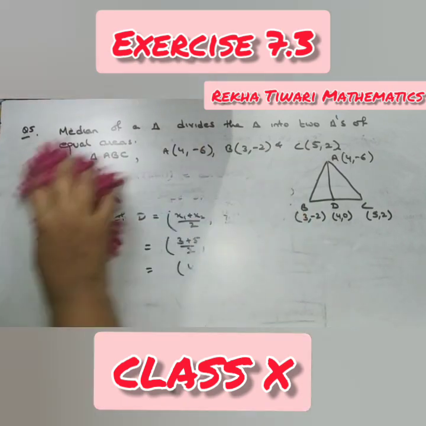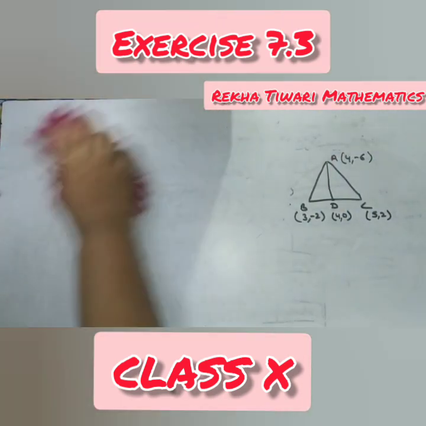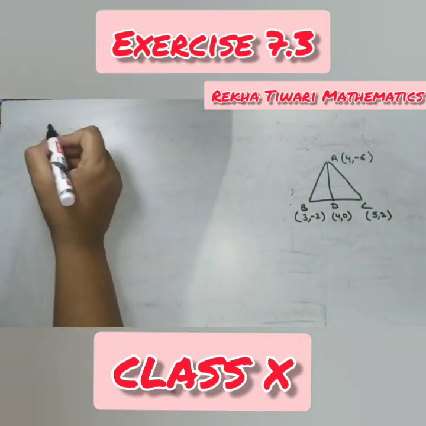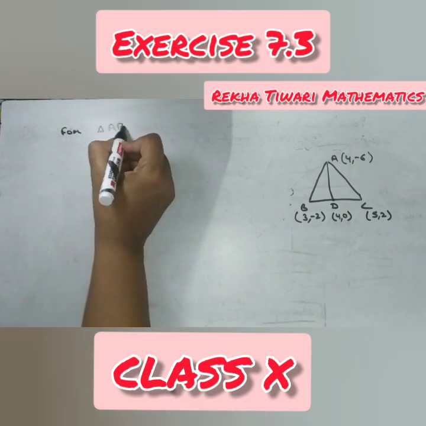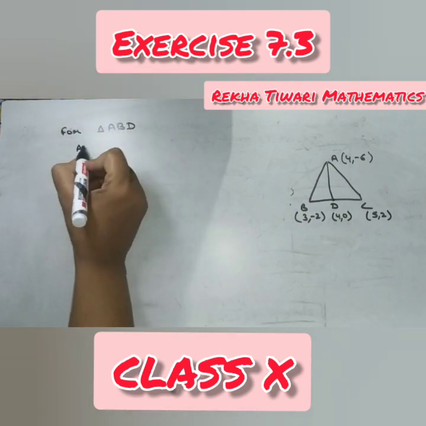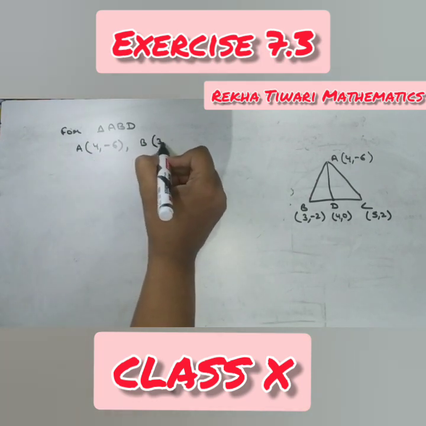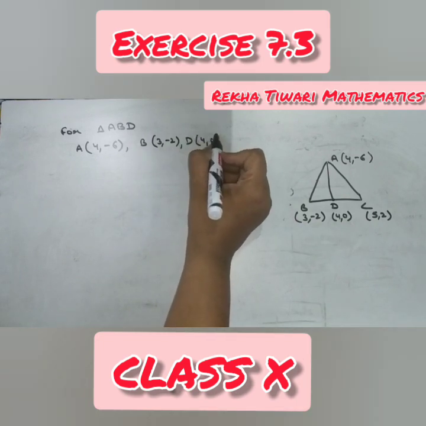So first of all, let us calculate ABD. For triangle ABD, A is (4, -6), B is (3, -2), and D is (4, 0).